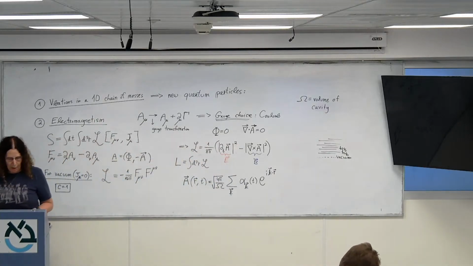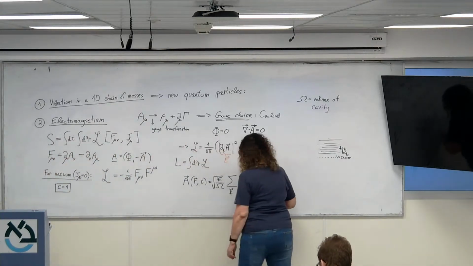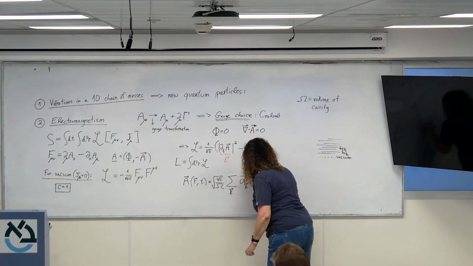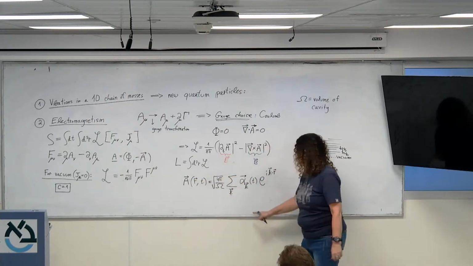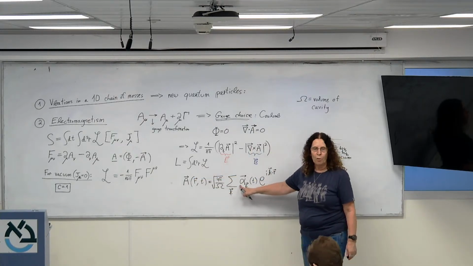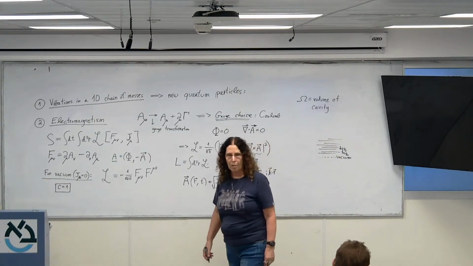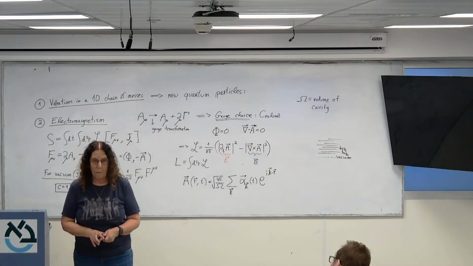Now I forgot something very, very important. This equation cannot be right because the left-hand side is a 3-dimensional vector. So these alphas are vectors, and they are vectors in 3-dimensional space. How many components do they have? 3.